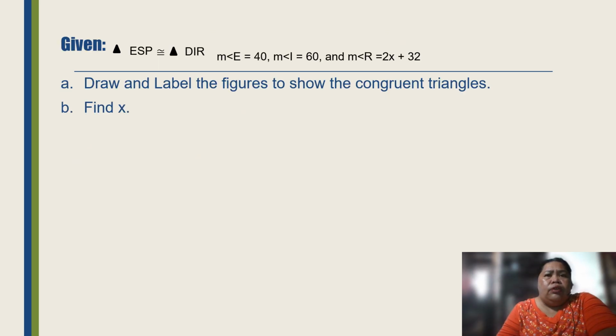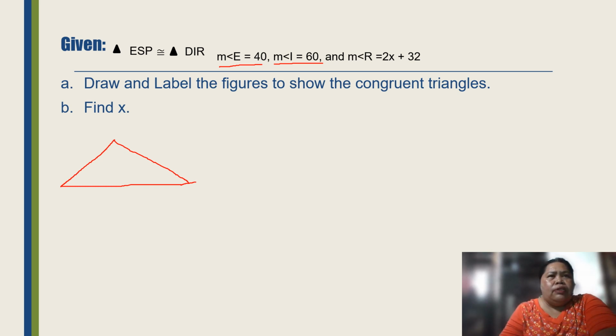Here, given the measure of an angle, if the measure of one angle is 40 and another is 60, because this is already 100, the remaining must be 80. So it's scalene, no? Yes, it's scalene. So probably we can name this ESP.